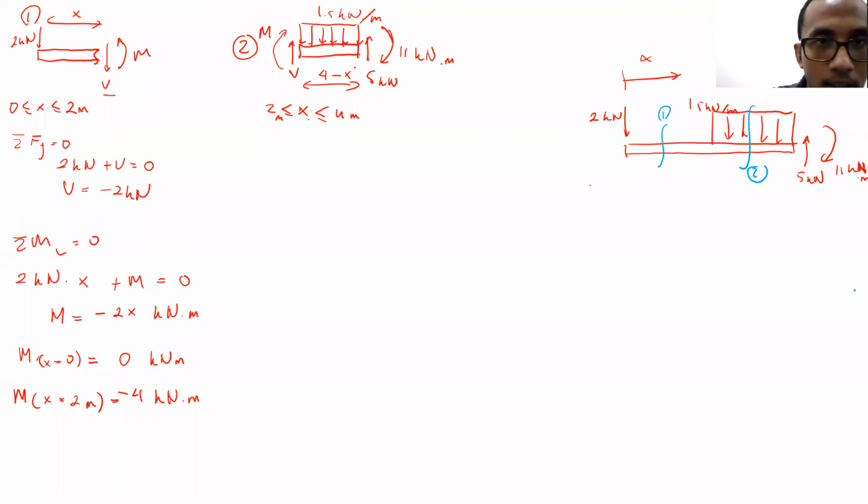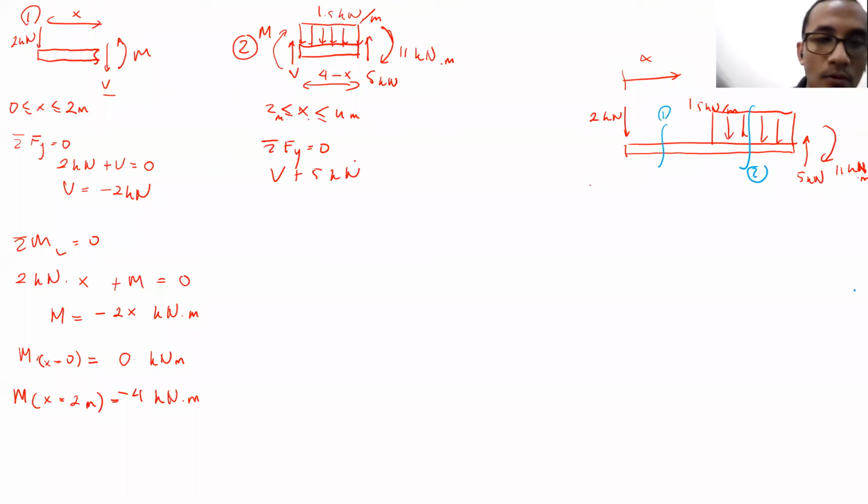Now let's try to calculate the V first, as usual. Sigma Fy equal to 0. What do you have there? V and V plus 5, right?